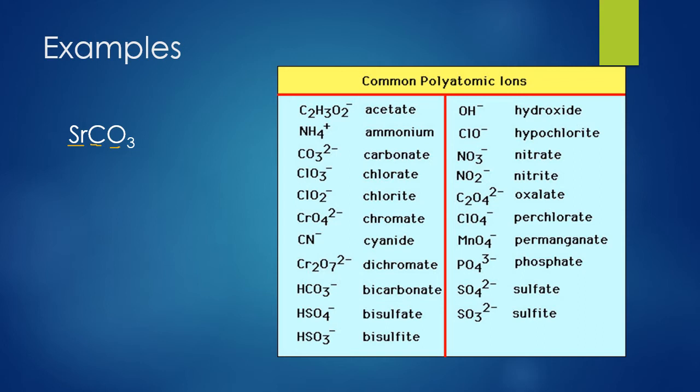The Sr portion, strontium, we would find on the periodic table and just write its name exactly how it is on the periodic table. The rest of it, the CO3, we would look up in the polyatomic table, see that CO3 has the name carbonate, and write that name down. So strontium carbonate would be the correct name for that polyatomic ionic compound.